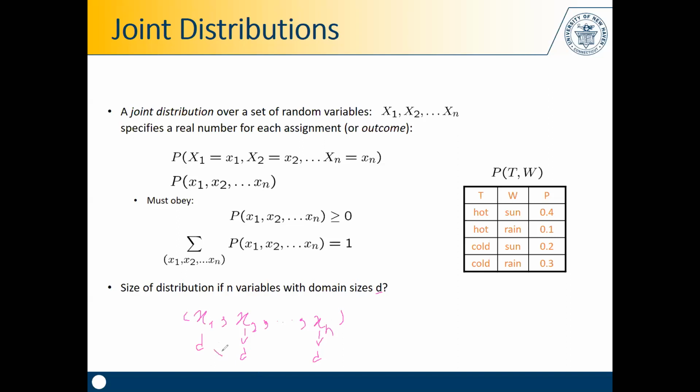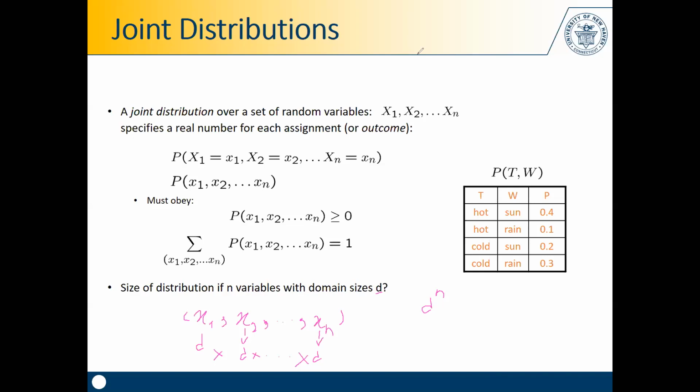It's D multiplied by D multiplied by D all the way to the end. How many of these multiplications do we have? N times. That's the number of variables. So the size of a joint distribution of n variables, each with a domain of size D, is D to the power n.